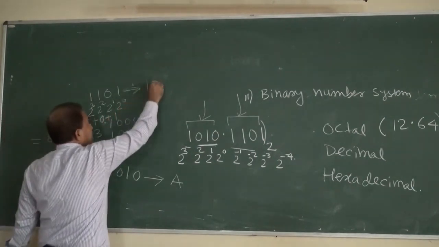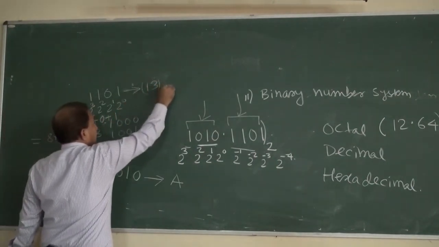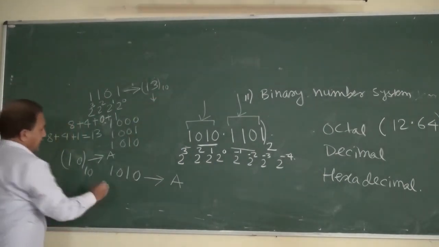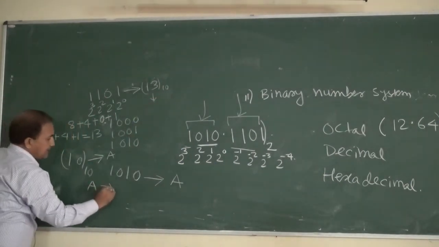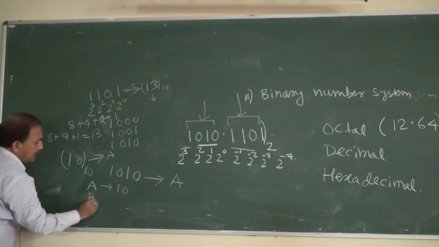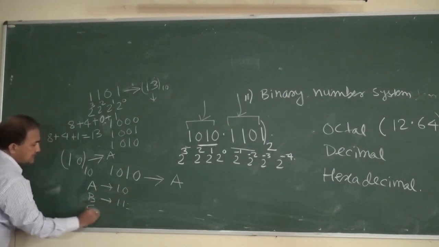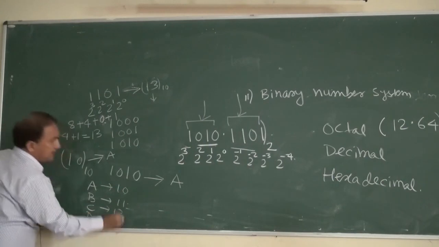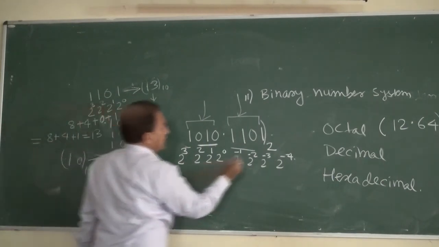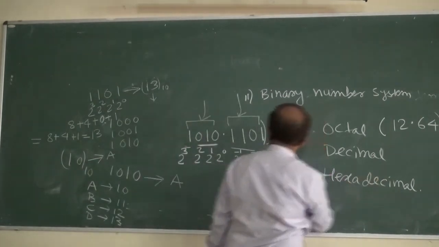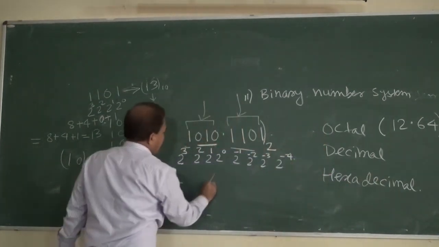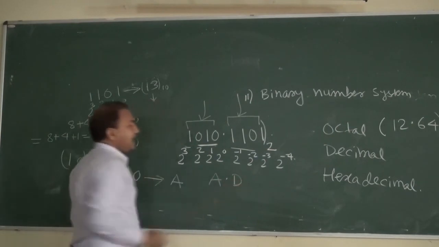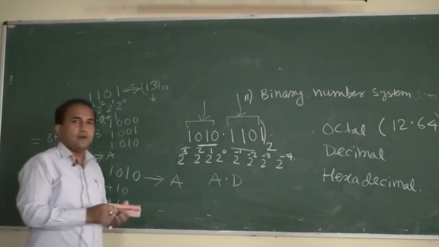So how do you represent 13, which is in decimal, in hexadecimal? A is 10, B is 11, C is 12, D is 13. So in hexadecimal, it is A dot D. Okay.